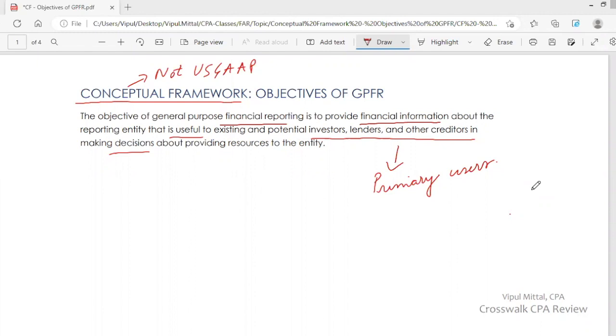And these general purpose financial statements provide information needed by the maximum number of primary users. So general purpose financial statements do not provide all the information primary users need. Primary users may need a lot of information, but general purpose financial reporting does not meet all the information needs of the primary users.